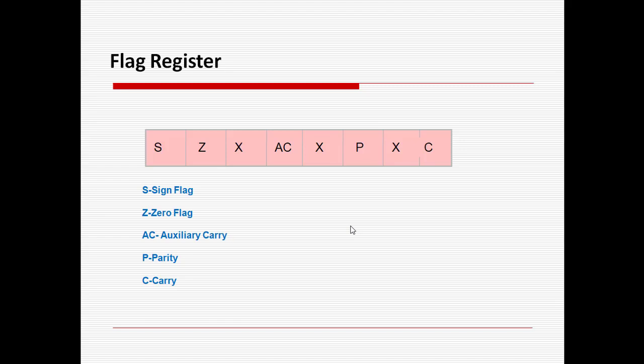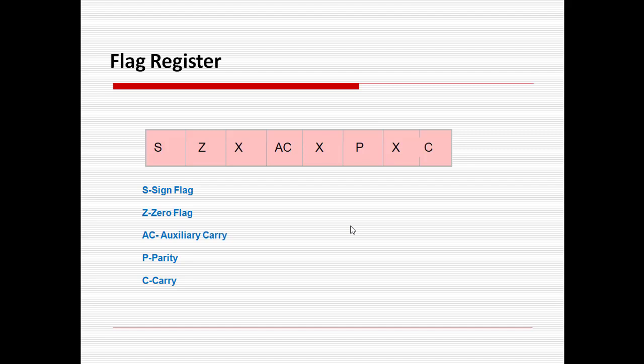Then the fourth bit is the auxiliary carry. Before that, what is the carry flag? In any arithmetical and logical operation, if there is an overflow, either a carry or borrow, the carry flag will be set. Then there is the parity flag. The parity flag depends on the number of ones present in the answer.